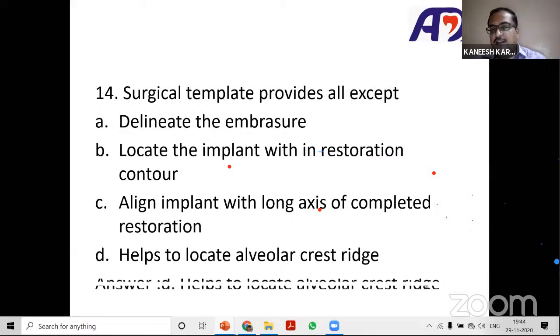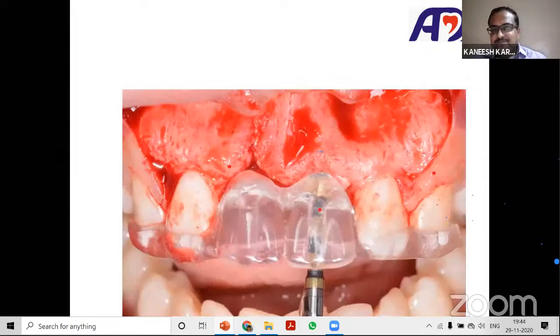The answer is D, helps to locate the alveolar crest ridge. You can't locate the alveolar crest ridge with a surgical template. This is a surgical template, a surgical guide, so that you can place the implant very accurately. This is planned using software.